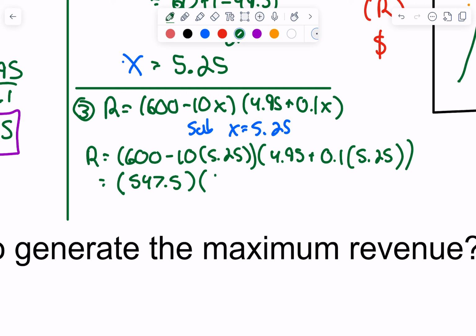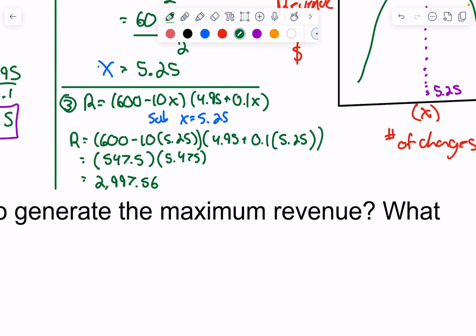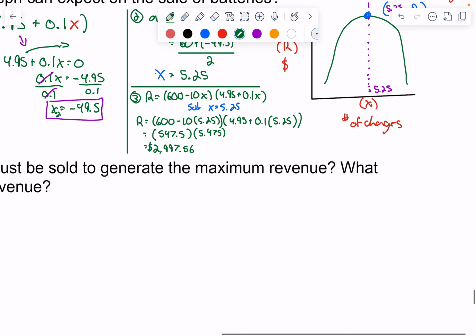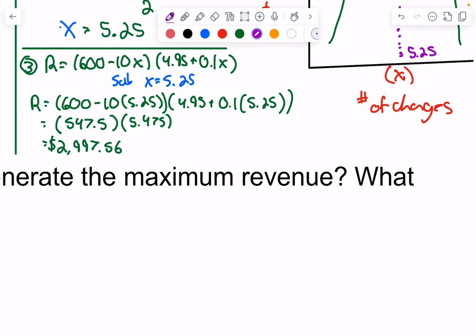This one would be 5.475. Take those and multiply them now. 547.5 times 5.475. You get 2,997.56. Stop at 2 decimal places because this is in units of dollars.